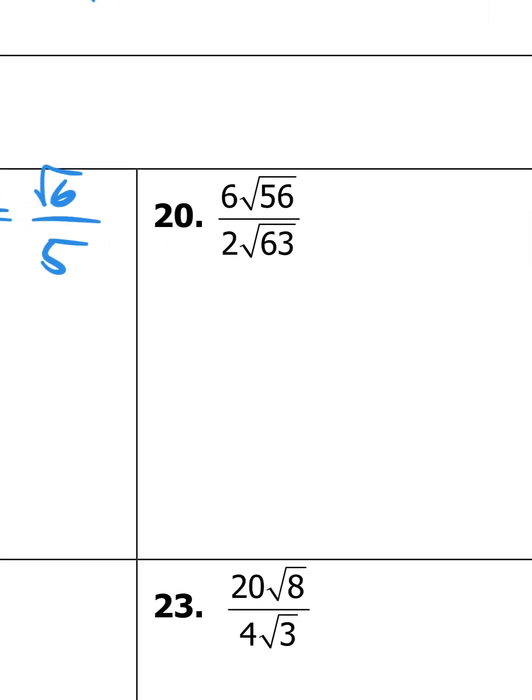Okay, this one right here, 6 and 2 can be simplified to 3, right? And I know that 56 and 63 are divisible by 7, right? So I will have 8, and I will have 9.